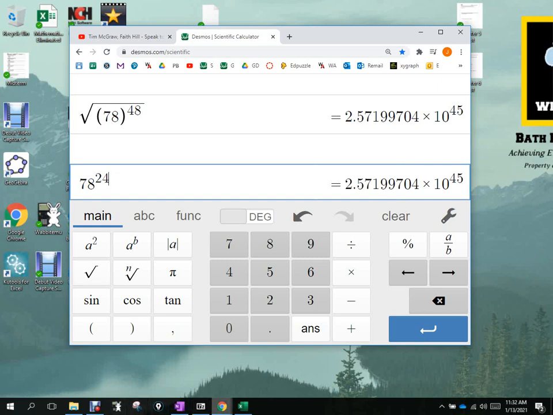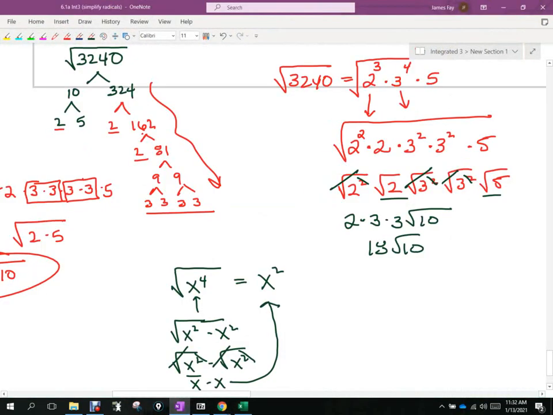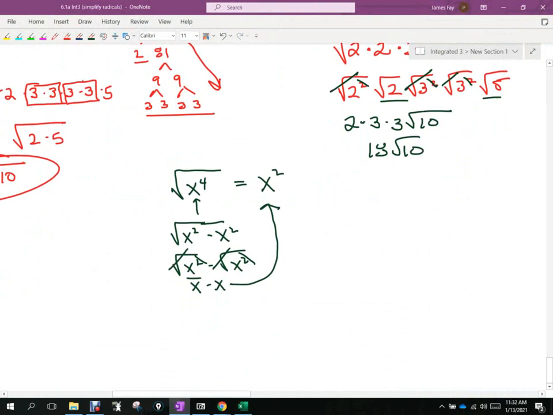So the idea here is that every single time I take a square root of something that has an even power, so let's say the square root of 312 raised to the 12th power, that is going to be equivalent to 312 raised to the sixth. Always take half of that number right there. Does that kind of make sense?